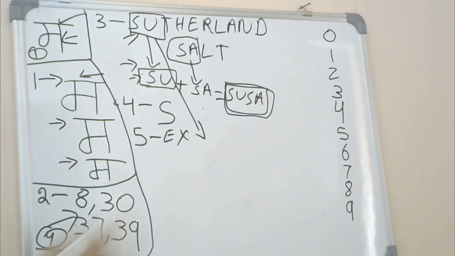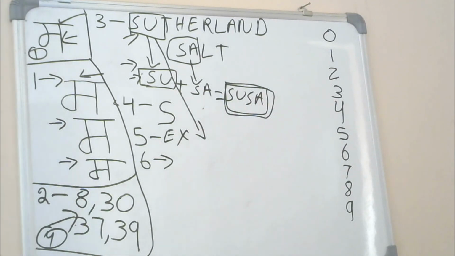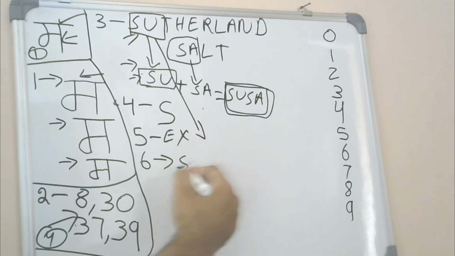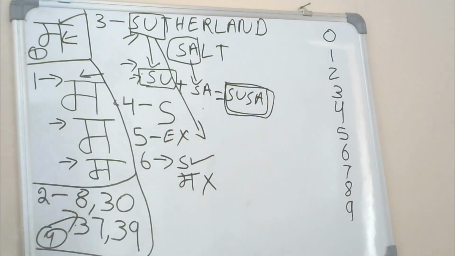Sixth step, wrong sounding words. Are there any words which will be starting with an S but will not be starting with sasa? I tried to give you a word, but I could not get it. All the words so far that I have thought about, all the words which start with an S will start with this letter, sasa.